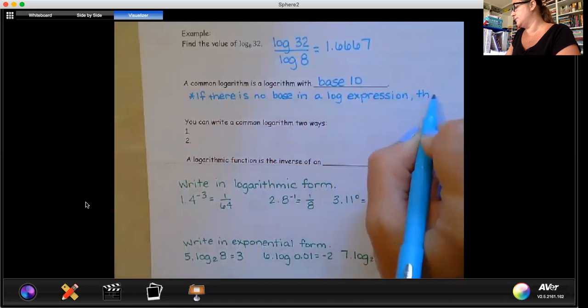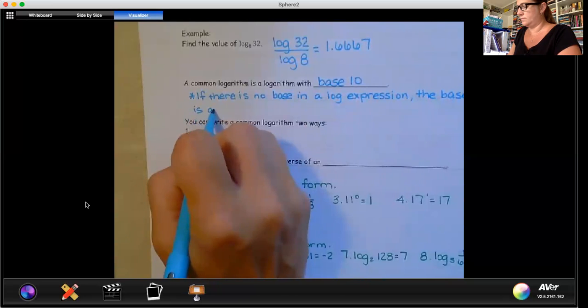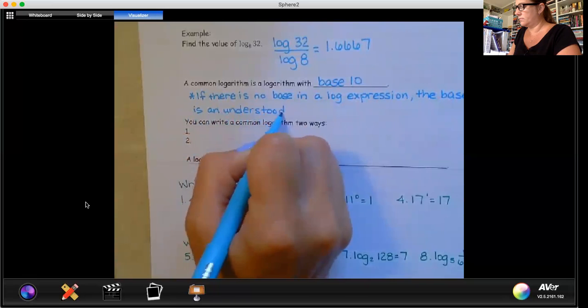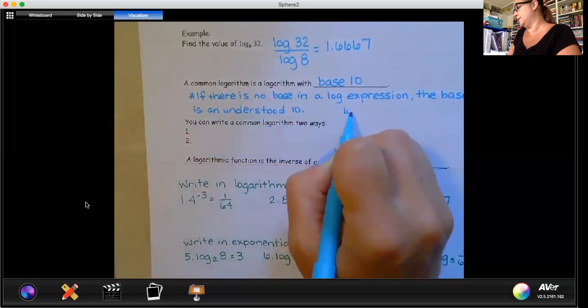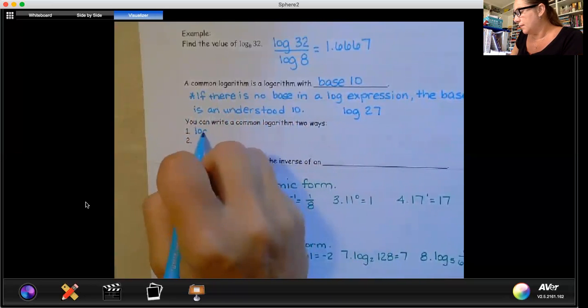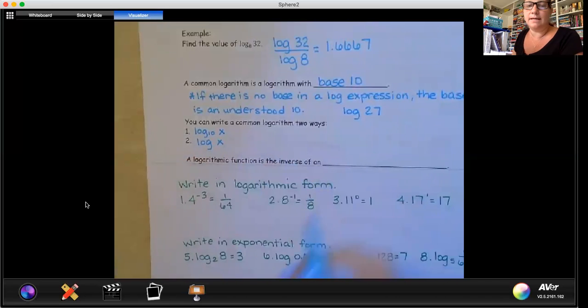The base is an understood 10. Like log 27. So a common logarithm can be written in two ways: log base 10 of x or just log of x. A lot of times that 10 is not there.